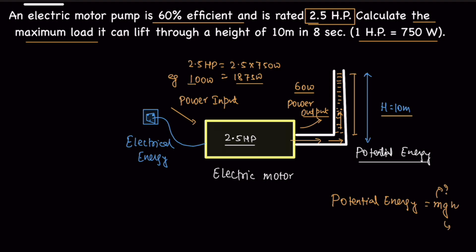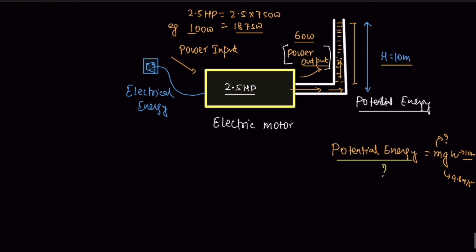G we already know, we can take it as 9.8 meter per second square, and height is given as 10 meters. So only two are unknown, which are the potential energy value and the mass value. So first we have to find the potential energy. To find the potential energy, we need to find the power output. For finding the power output, we need to use the efficiency formula.